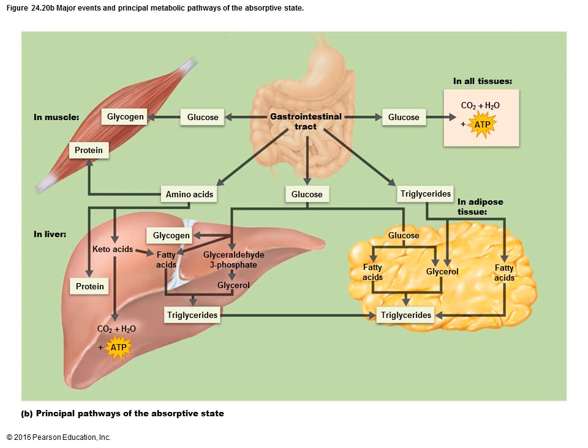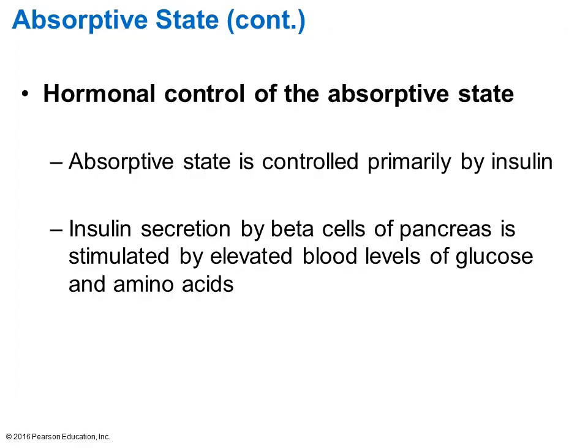Triglycerides are going to be stored in adipose tissue if there's excess. And then some glucose is going to be stored in the muscles also as glycogen. Amino acids that are taken up can be stored either in the liver or in skeletal muscle and made into protein that's necessary. Once again, you see all of the interaction that does occur.